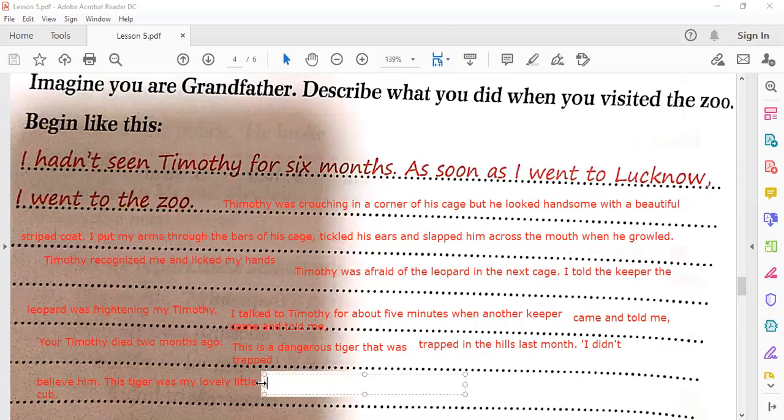Lovely little cub. I put my face near the tiger.